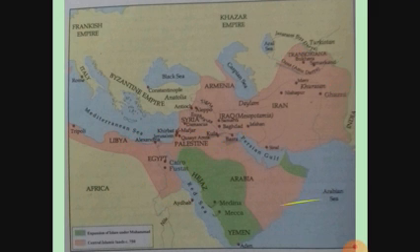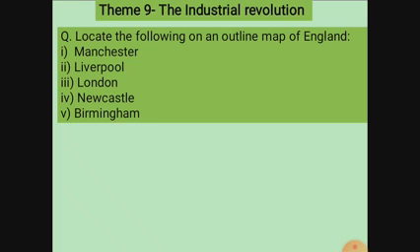Then moving to the next theme, that is theme 9, the Industrial Revolution. The question can be directly asked, like mark these important industrial centers in the map of England: Manchester, Liverpool, London, Newcastle, Birmingham. So these are some of the important industrial centers.